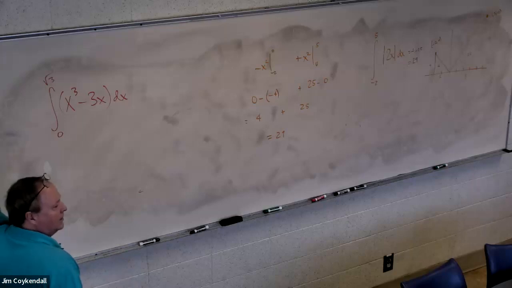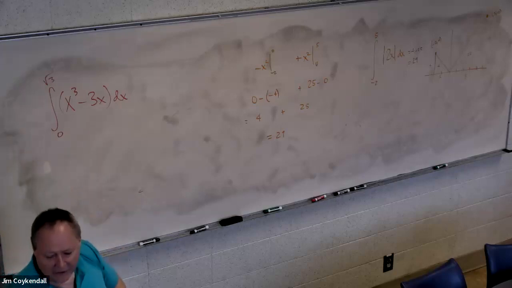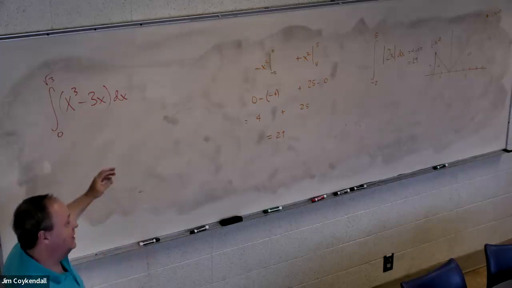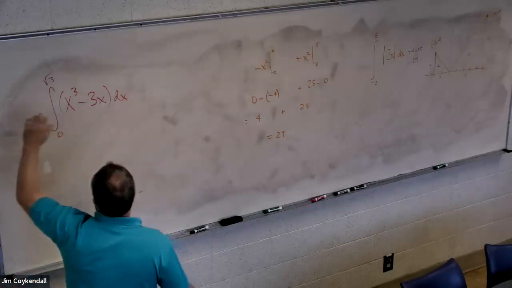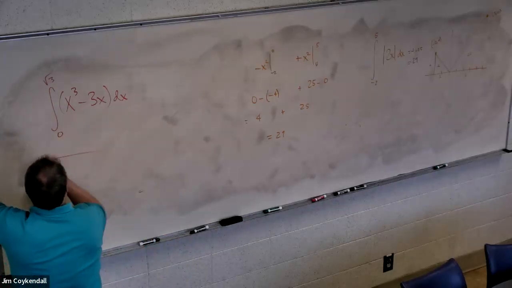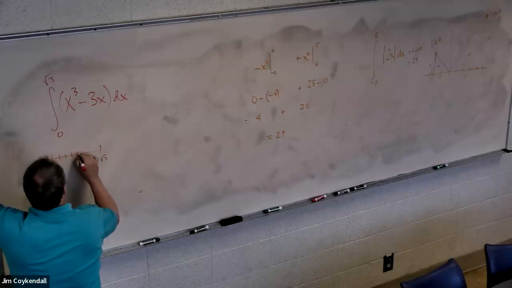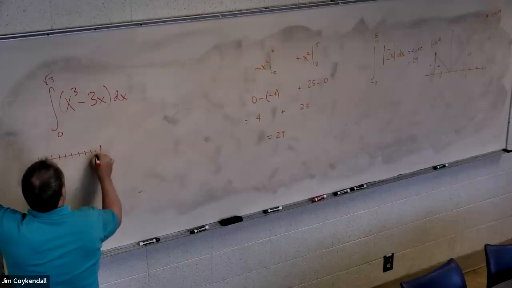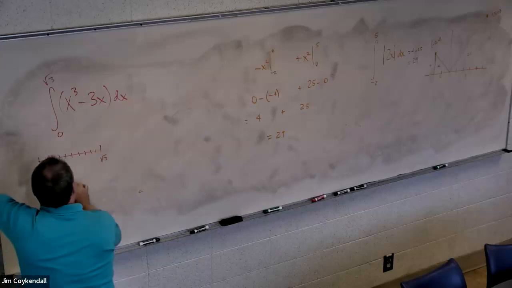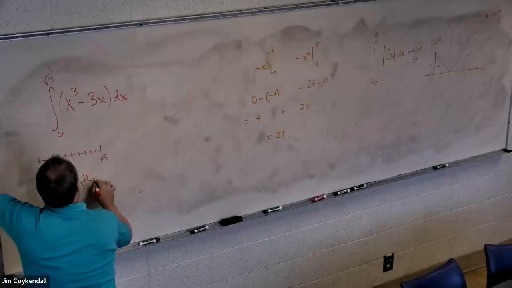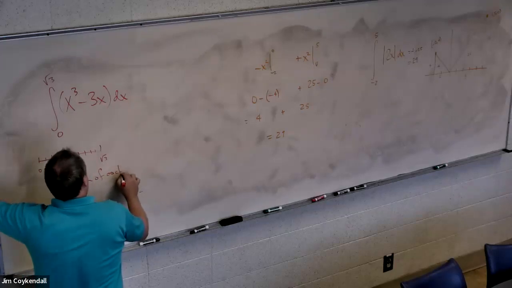This is our goal. If we partition this into n equals 7, right? So we have 0 to radical 3. We break this up into n evenly spaced pieces. What is the length of each subinterval?